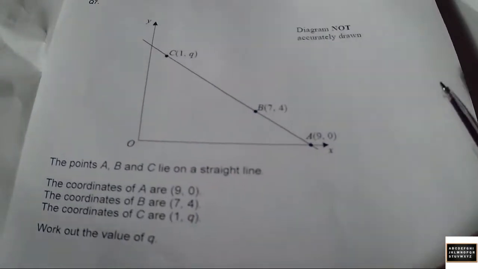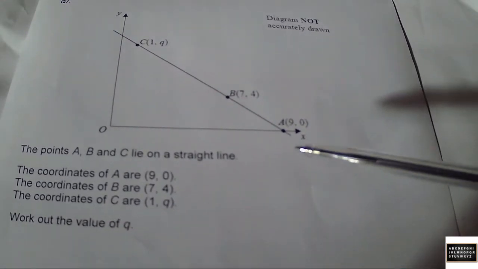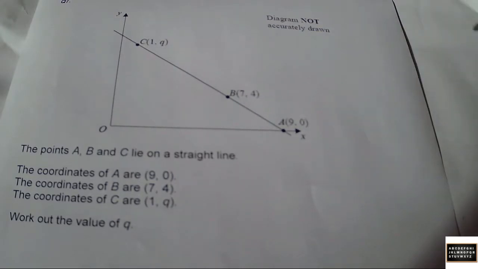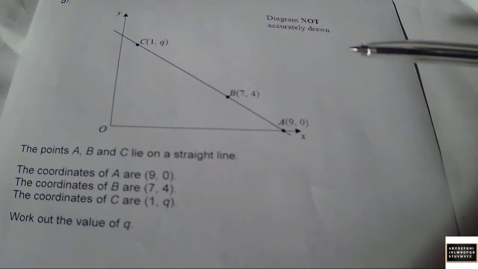And then one last question on this. Okay, so you've got 3 points. It's saying they're all lying on a straight line. The coordinates of A and B are given to you, but it's asking you to work out the value of Q. So the strategy here is very similar to the strategy you see in some vector questions. If you want to check out my video on vectors, that gives you some of the strategy you might use for this.